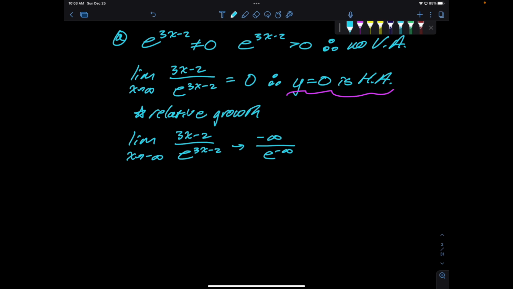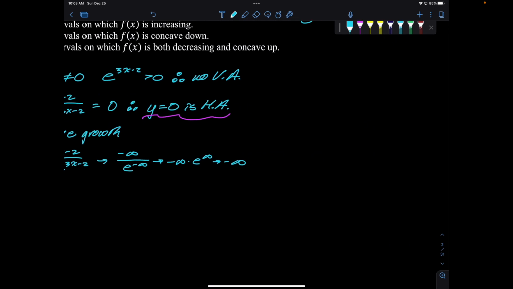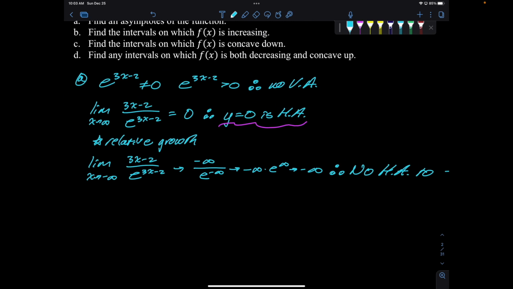Because e to the negative infinity is like 1 over e to the infinity, which means this is going toward negative infinity times e to the infinity, which goes toward negative infinity, which is not a finite value. So there's no horizontal asymptote to negative infinity. So the only asymptote that we get in this problem is actually this one. All right, and I mean that happens.